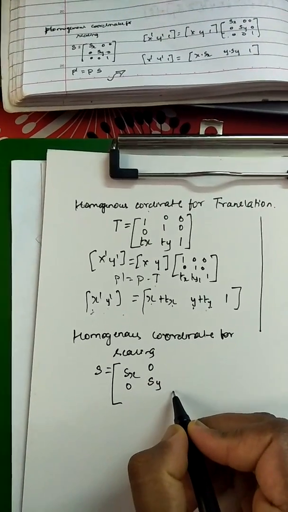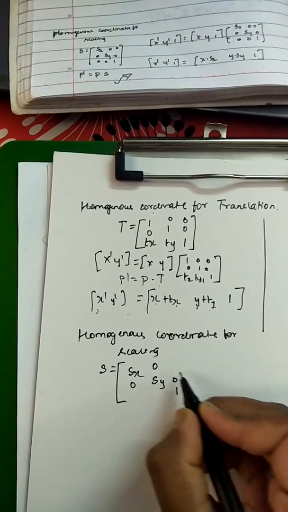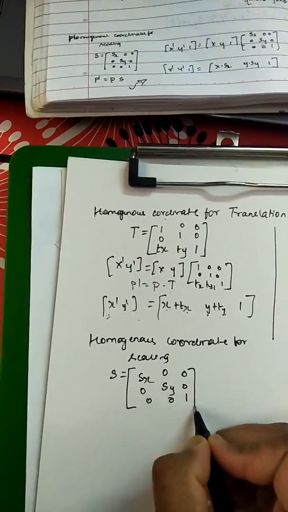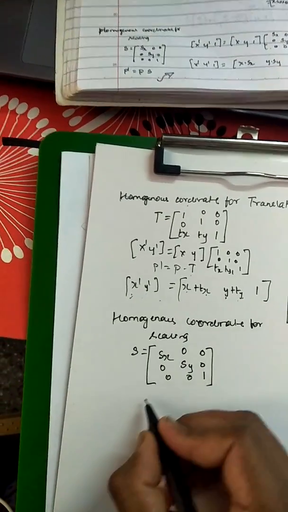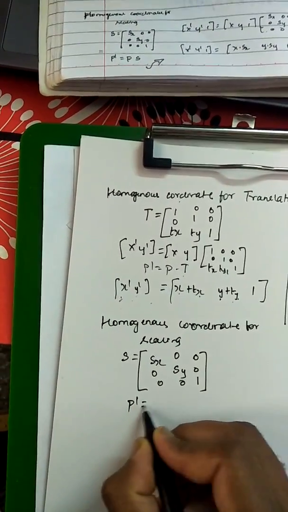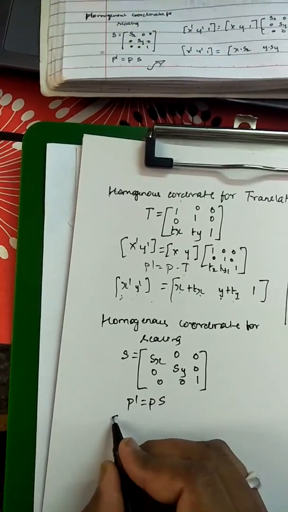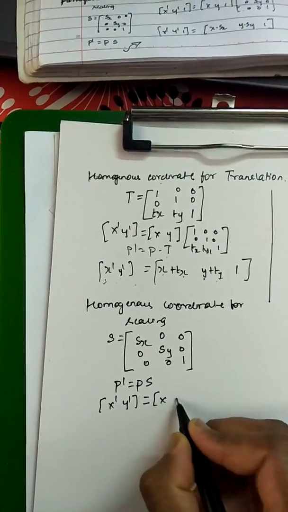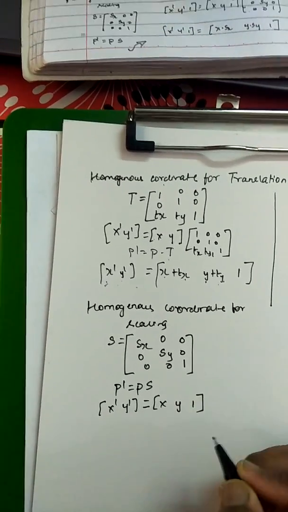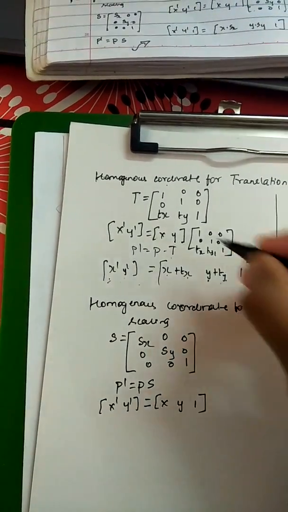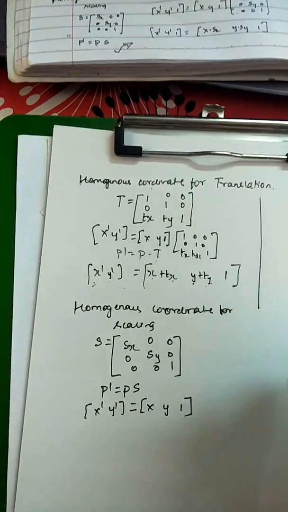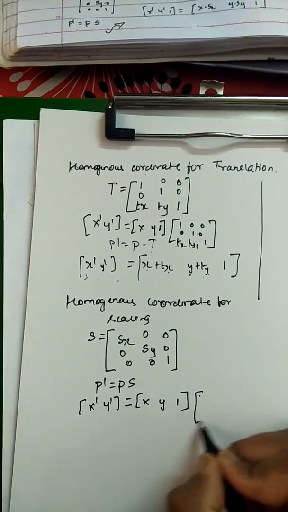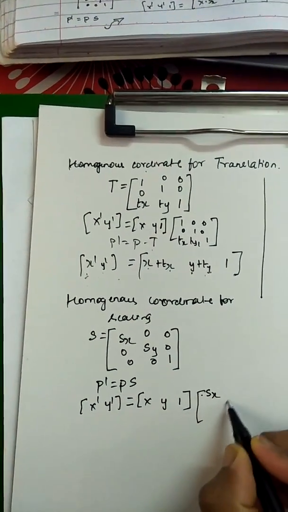Now I am taking one more dimension. So this is how it looks. Fine. In that case, what was the equation? P dash is P into S, meaning the new coordinates will be the old coordinates. Sorry, it should be 1. Old coordinates and multiply this.